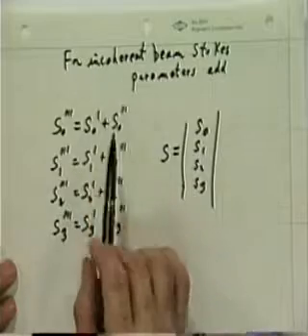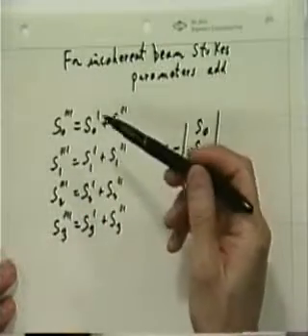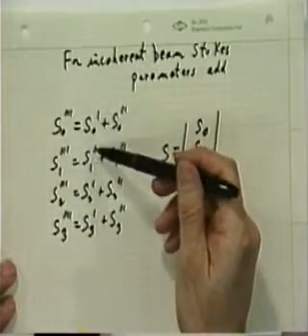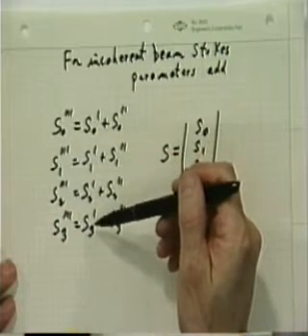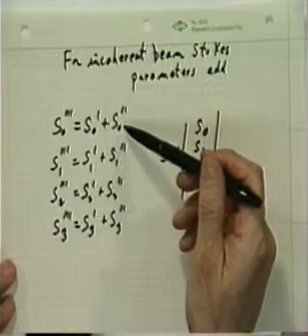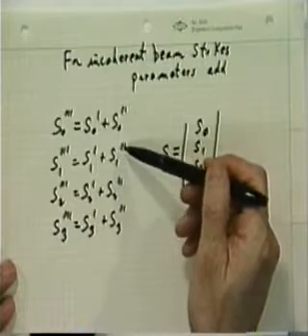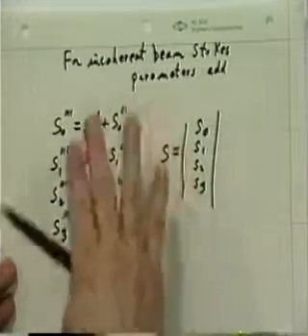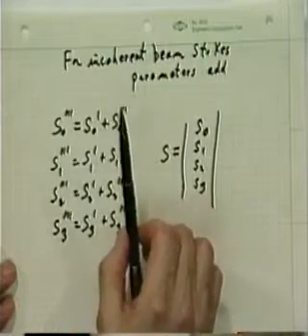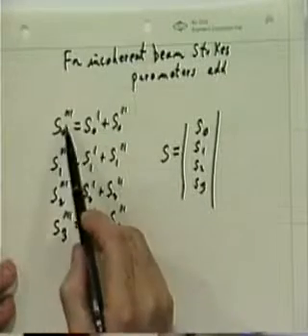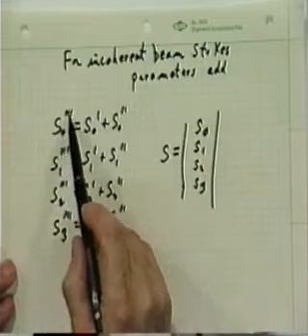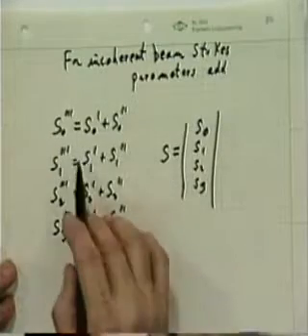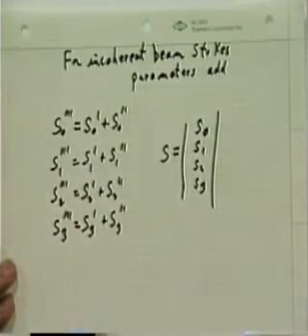I'm just saying that if I had one beam that's identified by S0 prime, S1 prime, S2 prime, S3 prime, and a second beam S0 double prime, S1 double prime, S2 double prime, S3 double prime, then when I add these two beams, the resulting Stokes parameters are S0 triple prime, S1 triple prime, and so on. So I could just add the individual Stokes parameters.